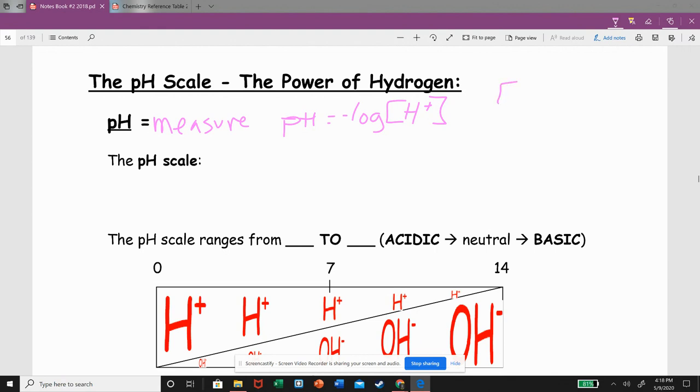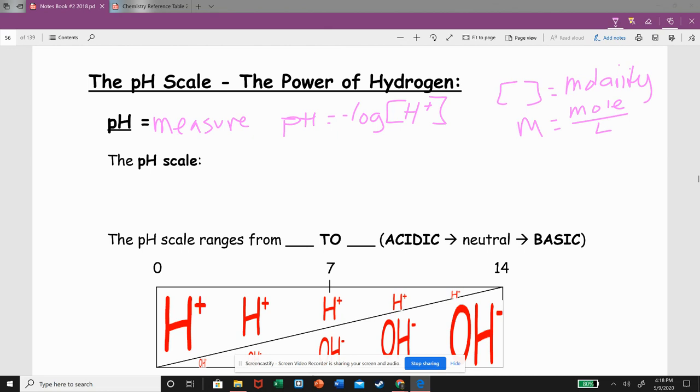And concentration is going to be equal to molarity, which we did in our solutions unit, which is moles over liters. So if I know the molarity, I can figure out the pH. I can just stick that into a calculator, hit the log button, and hit the little minus button. There you go. Then you've got yourself the pH.